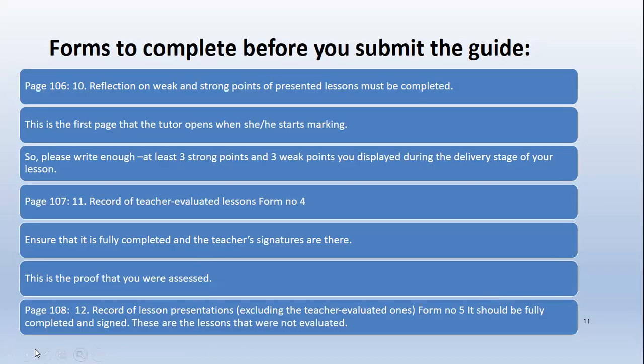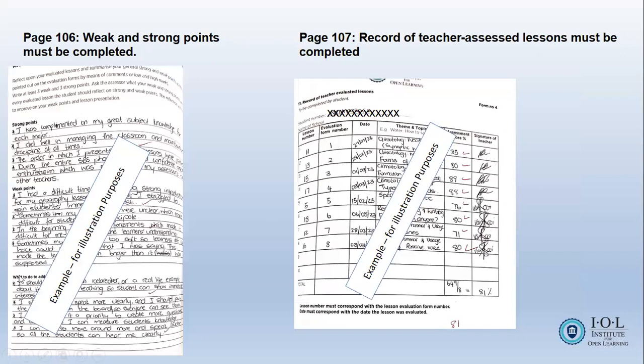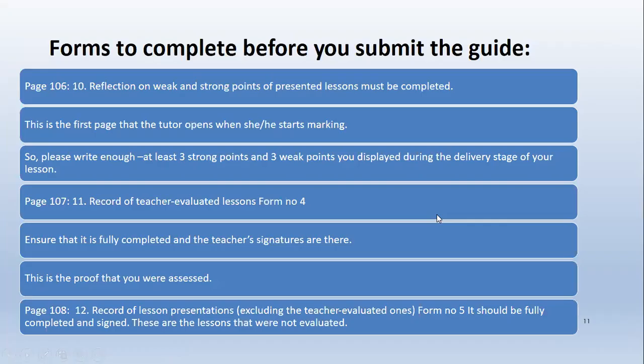Then we see here, record the teacher evaluation form, which is 4. Teacher assess form is the one on page 107. Then ensure it is fully completed and the teacher signature appears there. And this is the proof that your work has been assessed.